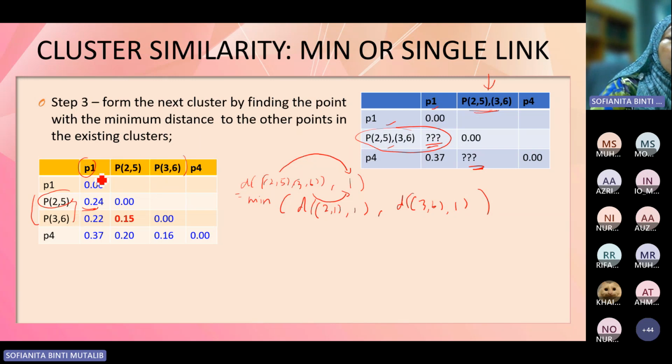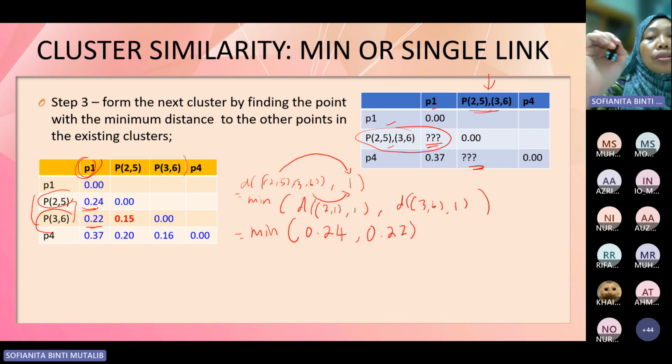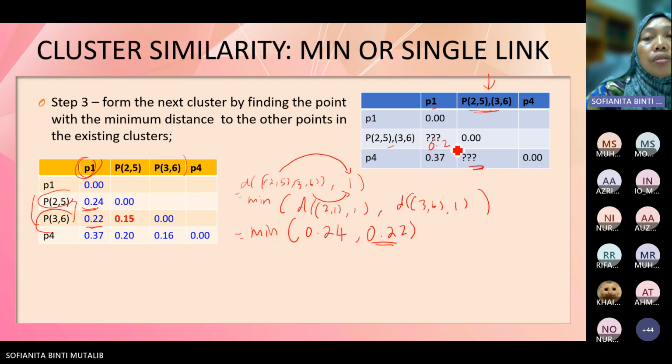And also here and here. So the minimum of 0.24, 0.22. So what is the minimum? 0.22. Okay, next is 1.